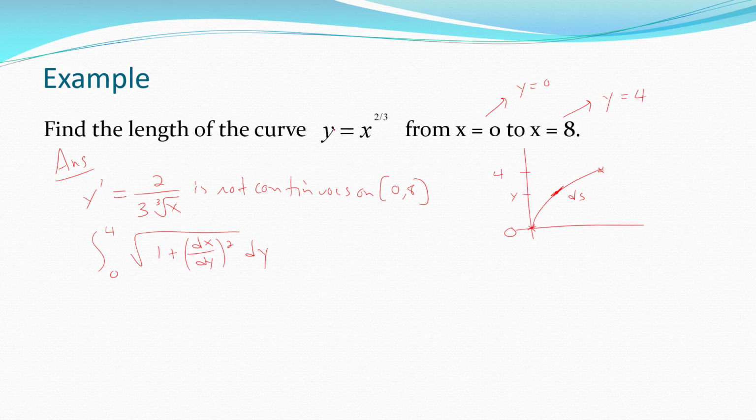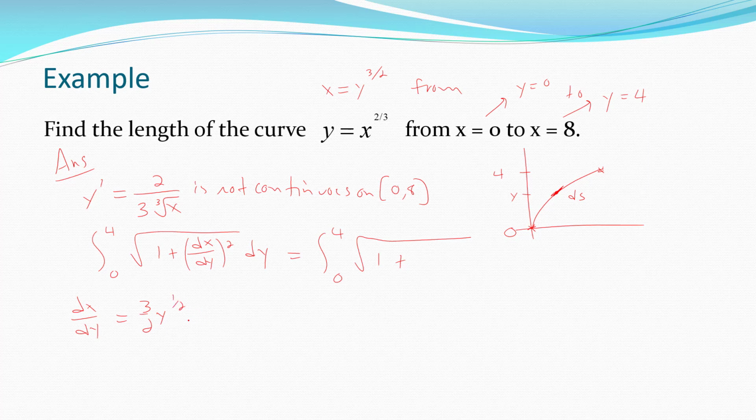Now, if you look at the formula here and solve for x, you would get x equals y to the 3/2 power, on the interval as y goes from 0 to 4. Now I need to know the derivative of this x, but in terms of y. That would be 3/2 y to the 1/2.